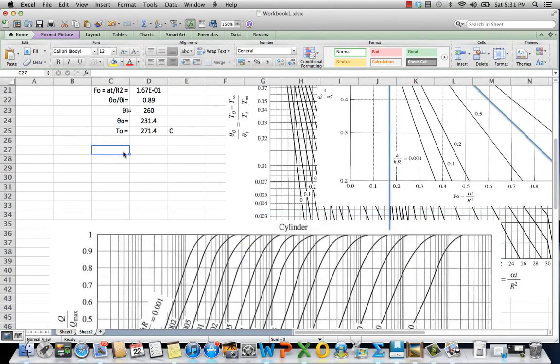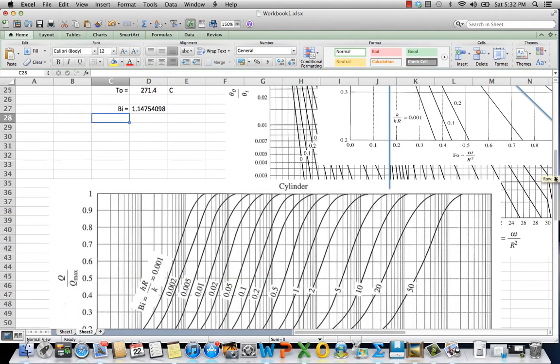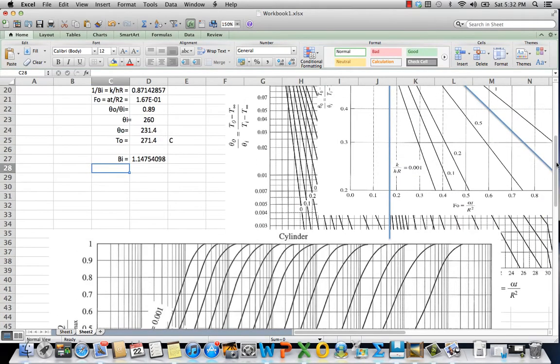So now I need to calculate Bi, which is fortunately just 1 over the value I had before. Okay, I'm going to need that quantity squared times my Fourier number that I've already got. Okay, so that number squared times my Fourier number.